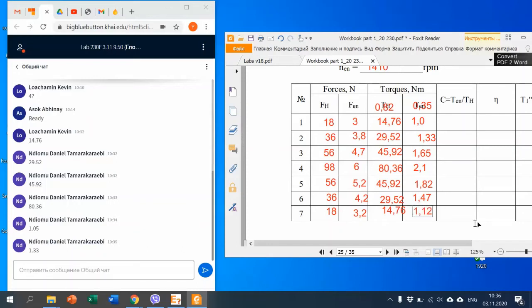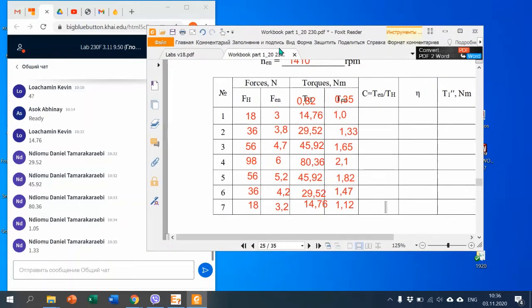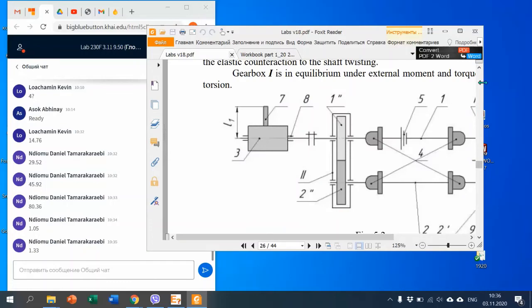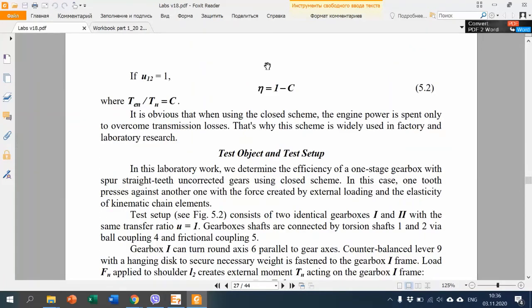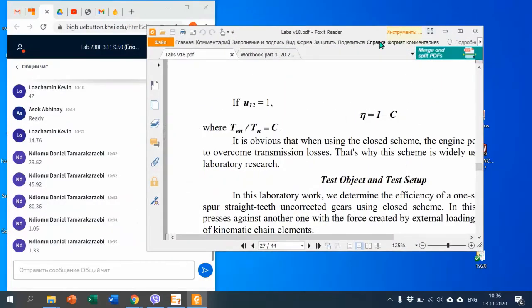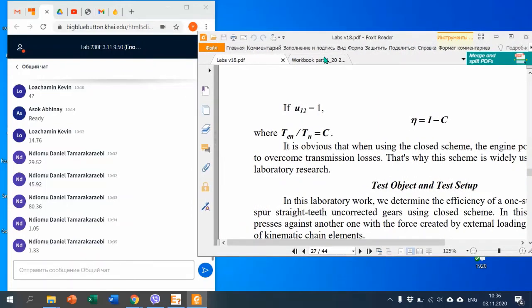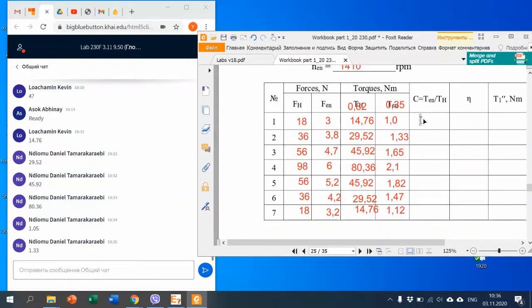Okay. Then, to find efficiency, in our case, you should calculate parameter C, T engine divided by T load.